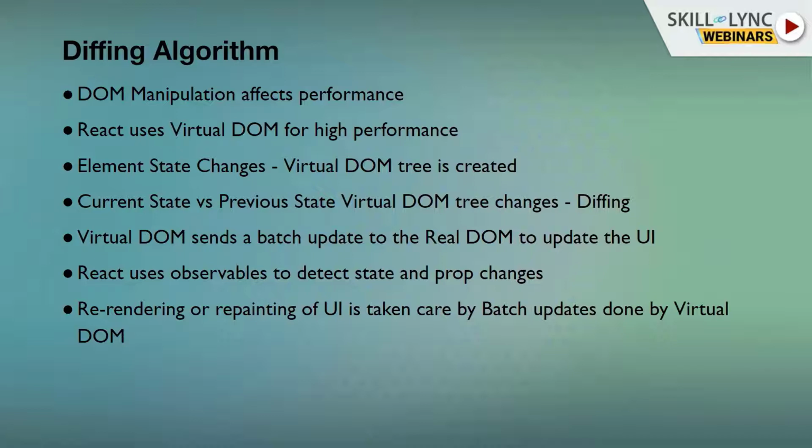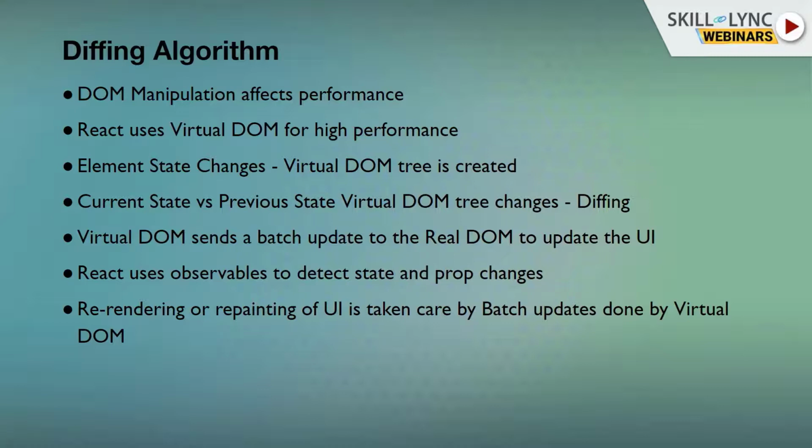For effective management of web pages, React uses the diffing algorithm. If we consider any other library or framework, even if we make a small change in the web page, let us say we have a user interface screen and we enter the username and password and try to log in, then we are doing some action, so we are basically manipulating the DOM. What happens at the backend is that it will try to develop a new tree, a new document object model on top of the existing document object model.